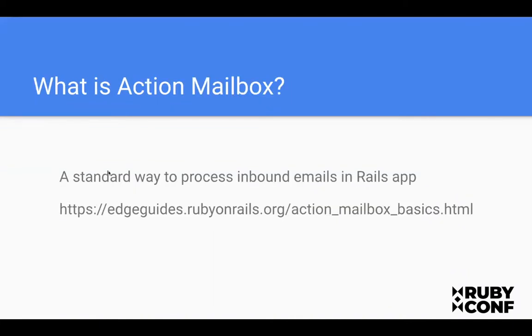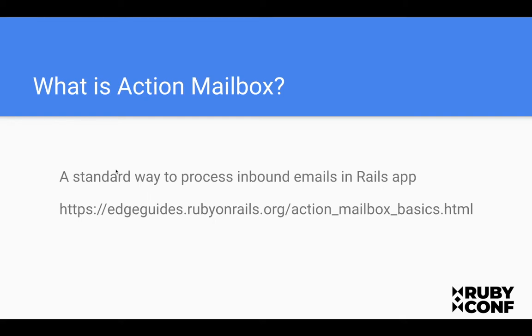So, about our topic. Our topic is Action Mailbox. First, we want to know what Action Mailbox is, what it does, and what we can do using this feature. Before this, there was no standard way of processing emails within a Rails application.